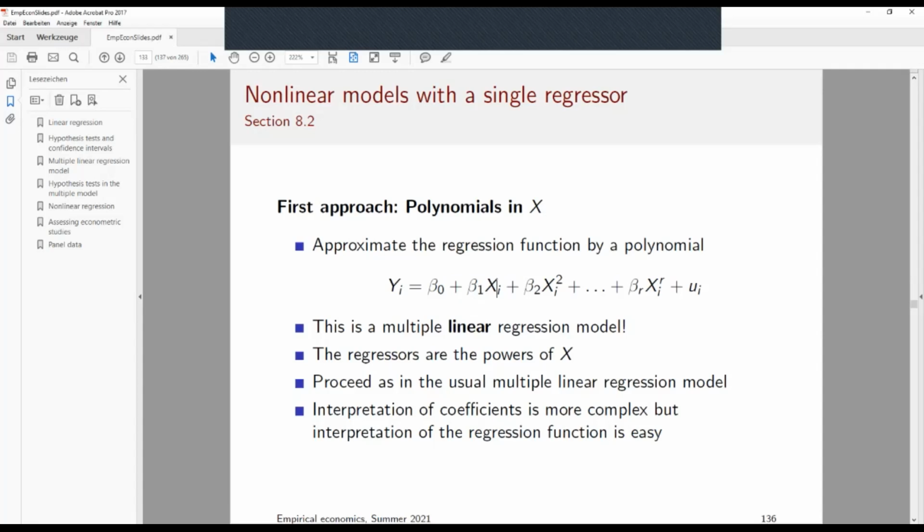So we add, for example, squared terms, beta 2 xi squared, and we can add beta 3 xi to the power of 3, and so on, up until beta r xi to the power of r. So to the highest order polynomial we want to add. Very often that is just a squared model or a cubic model. These are sufficient models in many, many cases. So many times this r isn't that big. And in the end, we also add our error term.